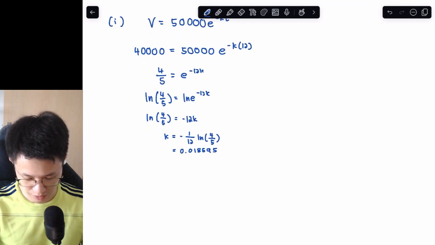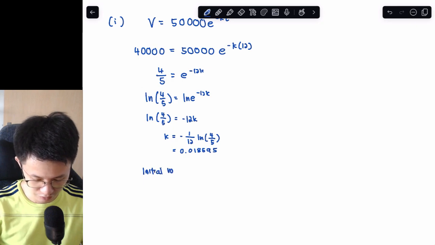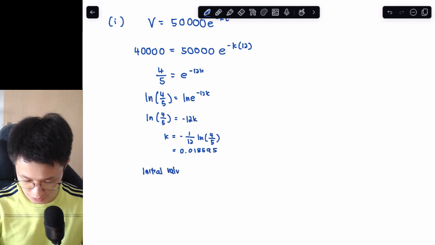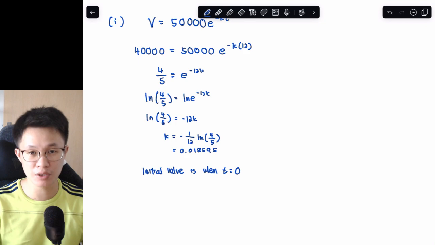So for part 1, the initial value is when t is equal to 0, because it hasn't started depreciating.